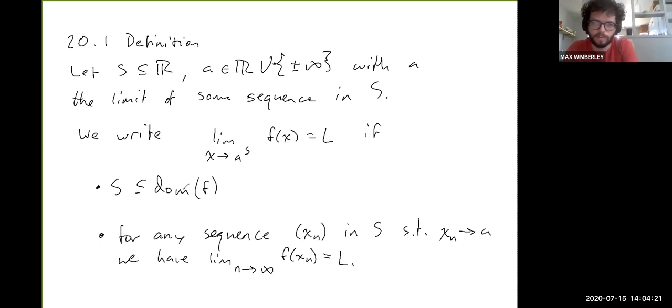As long as there's still a sequence of points in S that approaches A, then you're fine. And of course, if there's no sequence in S that approaches A, then it doesn't make sense to talk about this, because there should be no relationship between the values of F on S and the behavior of F near A.